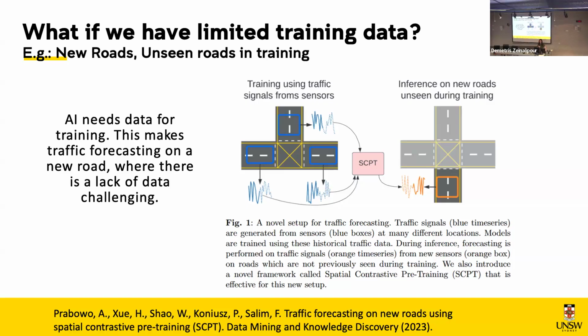For example, can you pre-train on one part of a road network and then either zero shot or fine-tune on a new road network that you've never seen before?